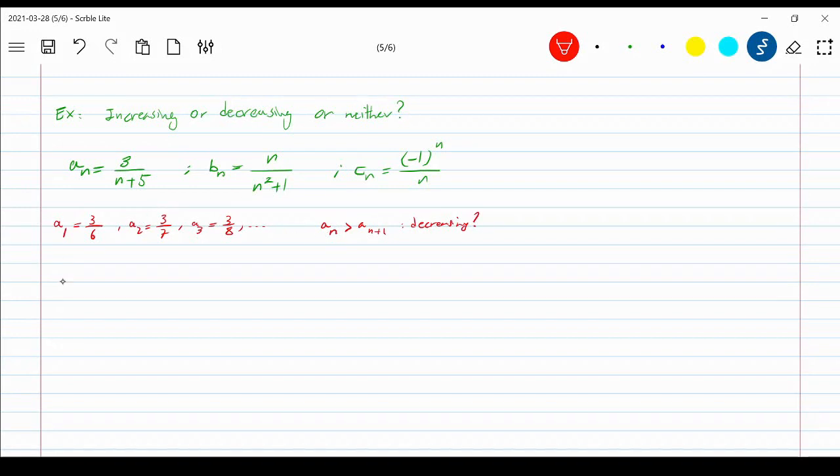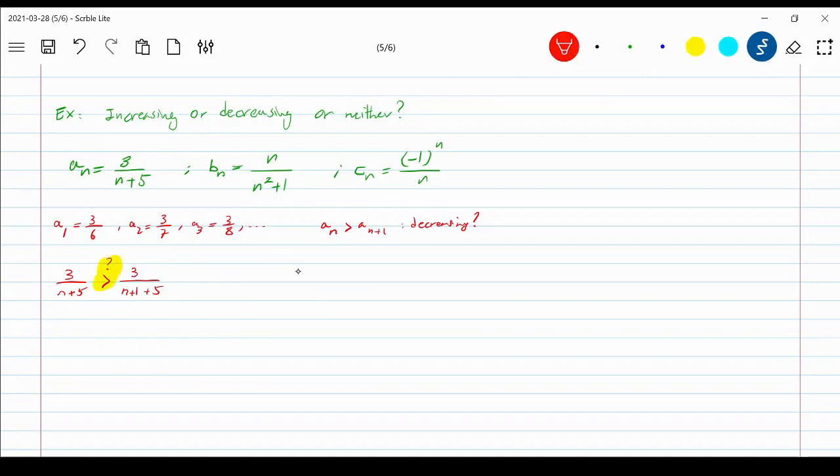An is 3 divided by n plus 5. And we're going to check if this is a true statement. Is it greater than an plus 1? An plus 1 is 3 divided by, instead of n, you have n plus 1 plus 5. And this inequality is now the question. Is it a true statement or not?